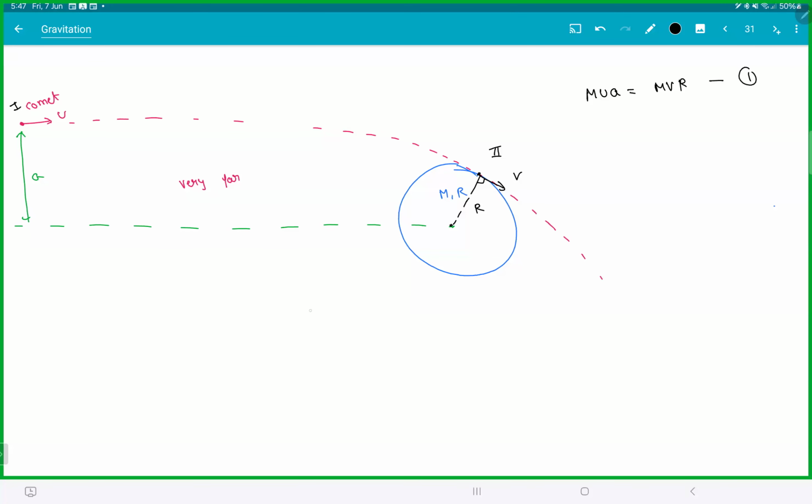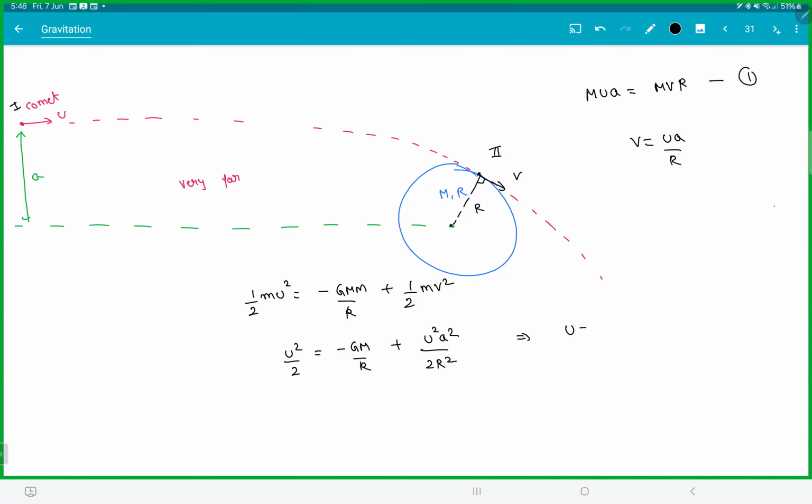Energy conservation. Initially, you're very far, so potential energy is 0. Kinetic energy is half mu square, equal to minus gmm by r plus half mv square. This is energy conservation. Take v from here, which is ua by r, and substitute here. This would be u square by 2 minus gm by r plus u square a square by 2 r square.